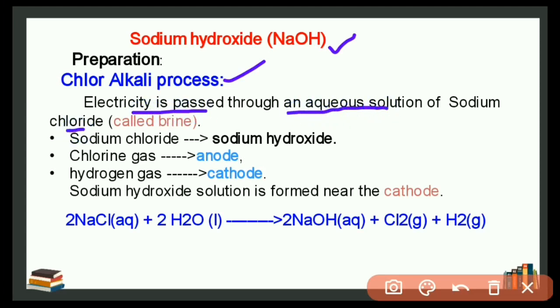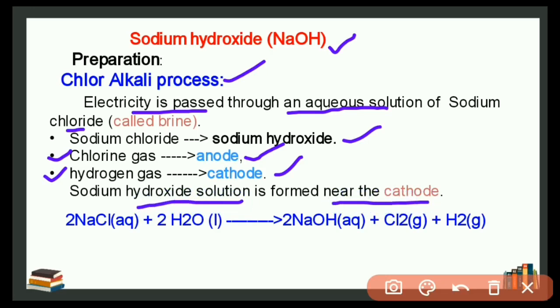When electricity is passed through the brine solution, sodium chloride forms sodium hydroxide, and chlorine gas is also formed. It deposits at the anode, and hydrogen gas deposits at the cathode. So oppositely charged products deposit at opposite electrodes, and sodium hydroxide solution is formed near the cathode.